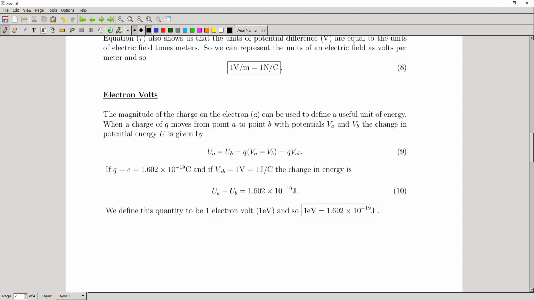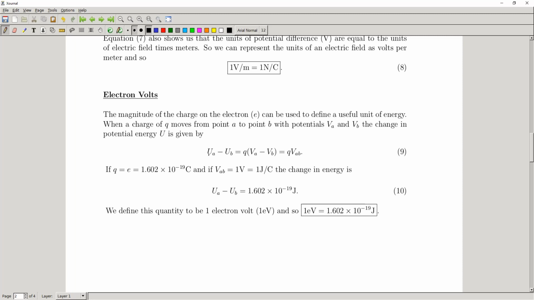Okay, so when a charge Q moves from a point A to a point B, where at the point A we had a potential VA, and at the point B we have a potential VB, the change in potential energy, so the change in our U, is given by the expression that we see here, right?